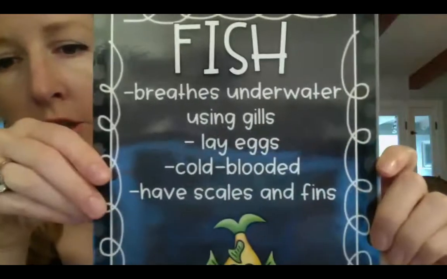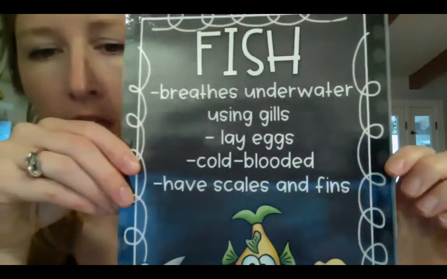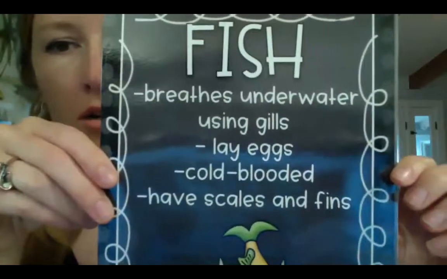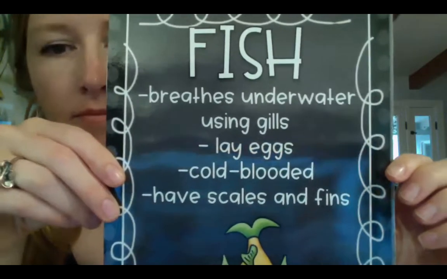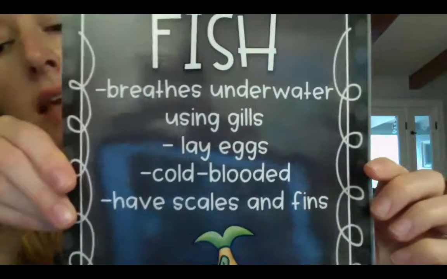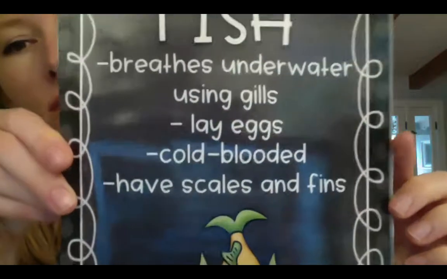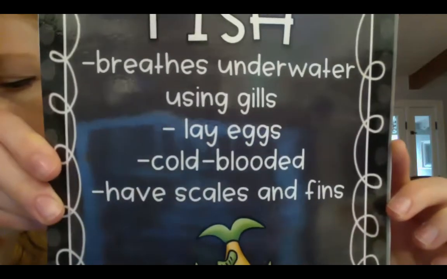And then these are the first 4 characteristics of a fish. They breathe underwater using gills. They lay eggs. They are cold-blooded. They have scales and fins. And I bet you can guess what number 5 is.